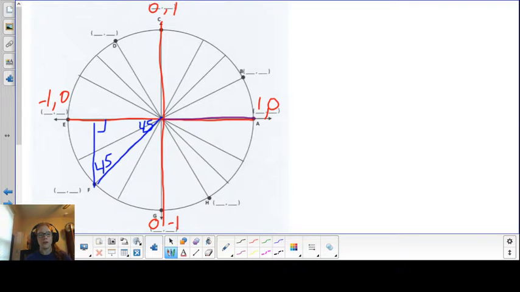We did stuff with 45, 45, 90 triangles. So with a 45, 45, 90 triangle, we know that since my angles are equal, the sides across from the angles are equal. So this side and this side have to be equal.